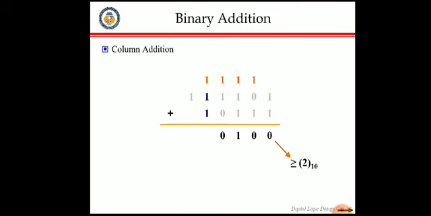So carry is 1, sum is 1. Now finally, one carry is there and one bit is there. So 1 plus 1 is 10, that means carry is 1, sum is 0. So you write that carry down, and the total result of the binary addition is 1010100. Very simple, binary addition. You can do similar problems.